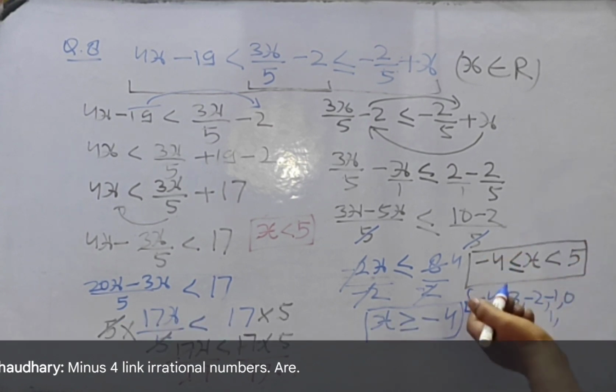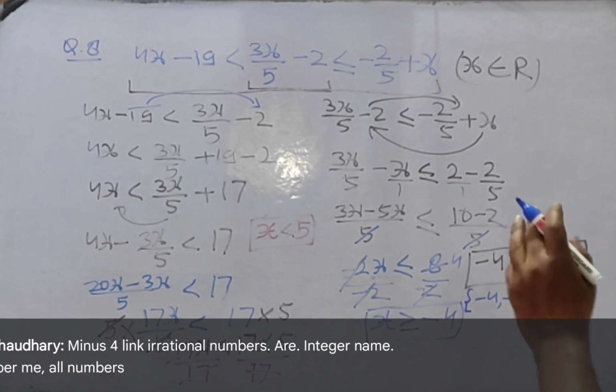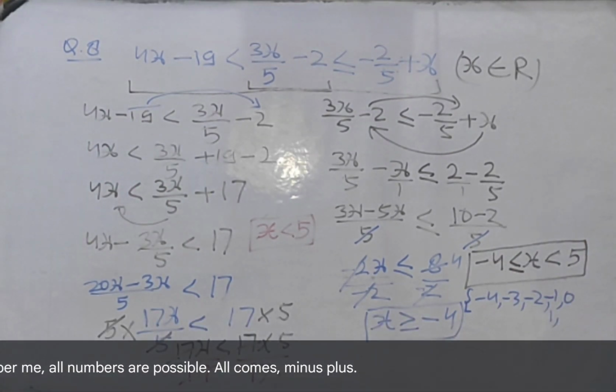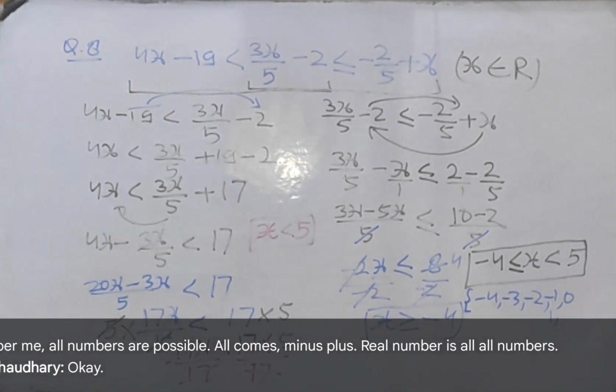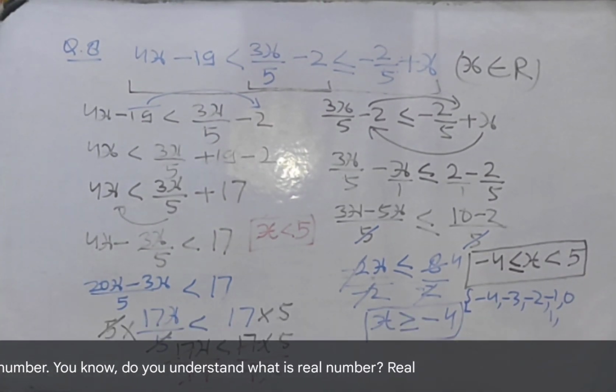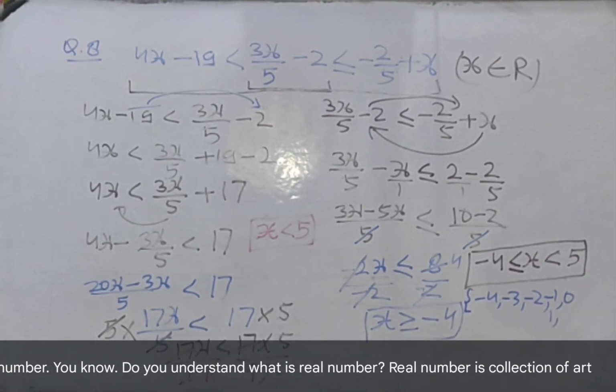For real numbers, all numbers are possible, minus and plus. Real numbers, do you understand what a real number is? A real number is a collection of what? Of irrational and rational numbers.